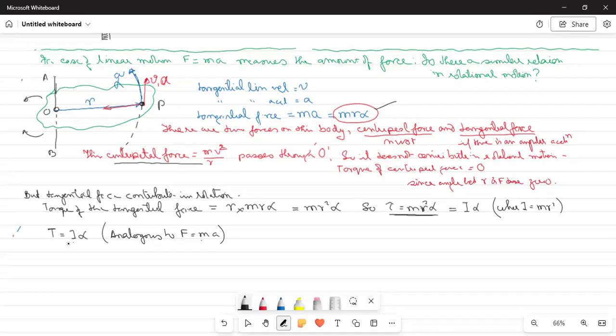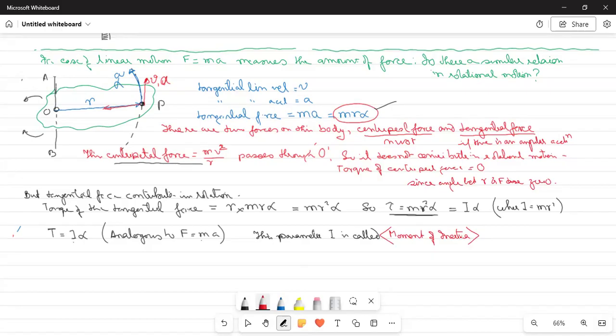This parameter I is called the moment of inertia, a very, very important terminology if you go into engineering.